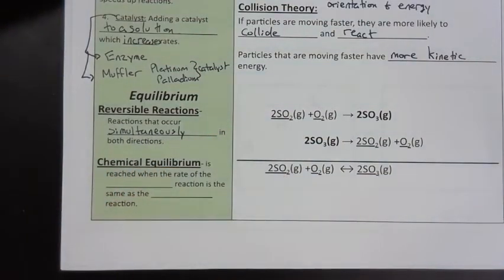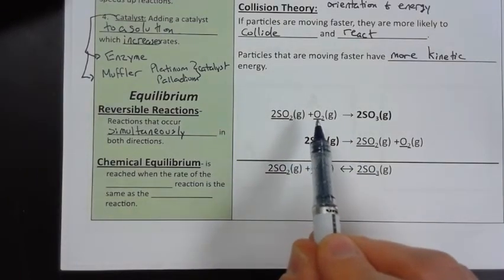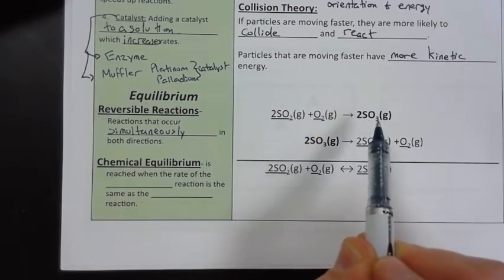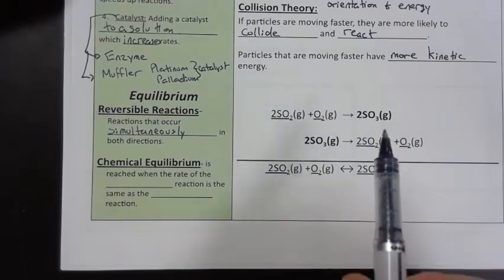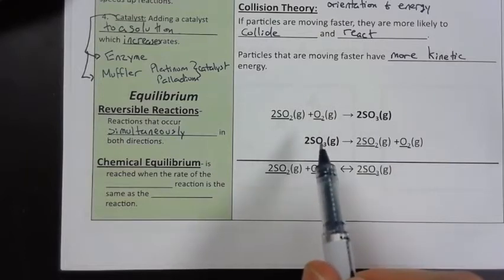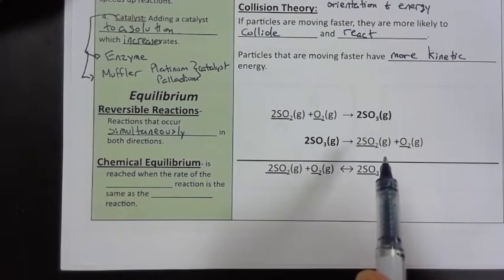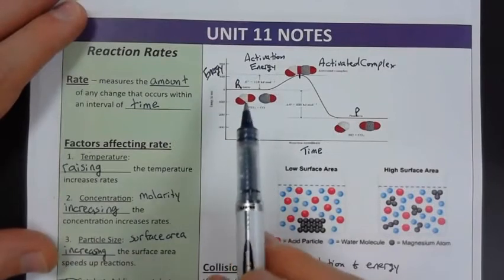in both directions. So in this reaction, 2SO2 plus O2 comes together, synthesizes to form 2SO3. Well, if these are all gases and they're happening inside a closed container, isn't it possible that this particular molecule could decompose and reform the things that it made? It actually connects back to the idea of an energy diagram.